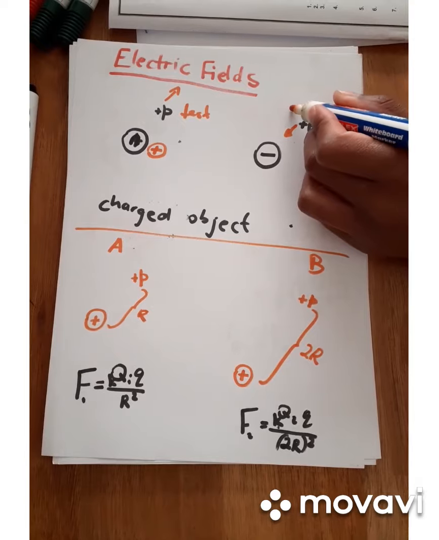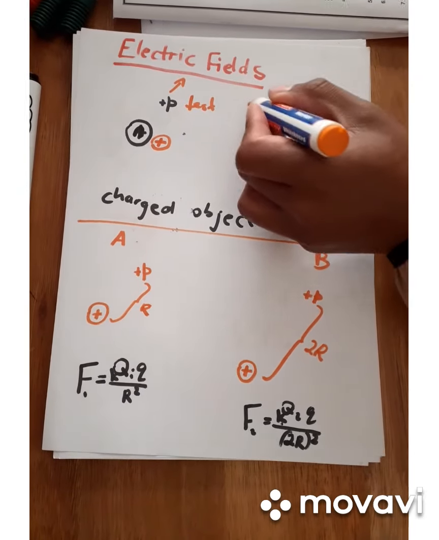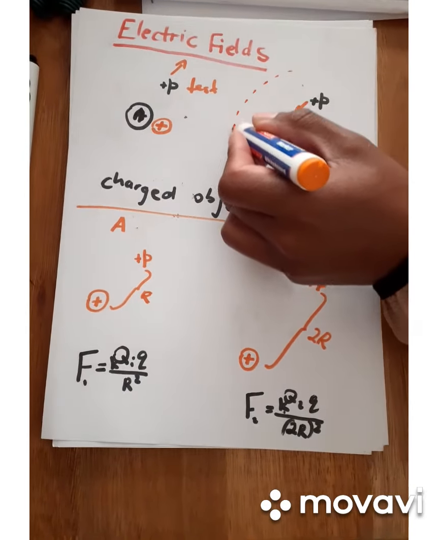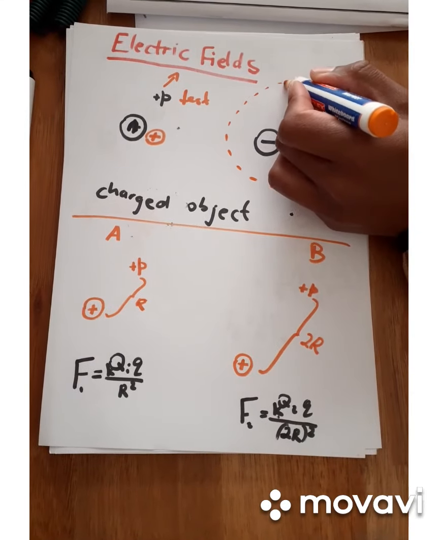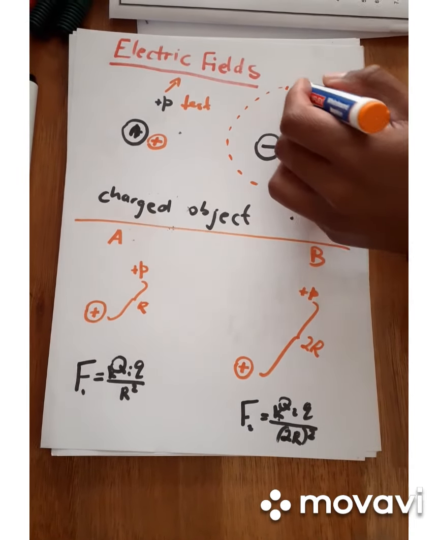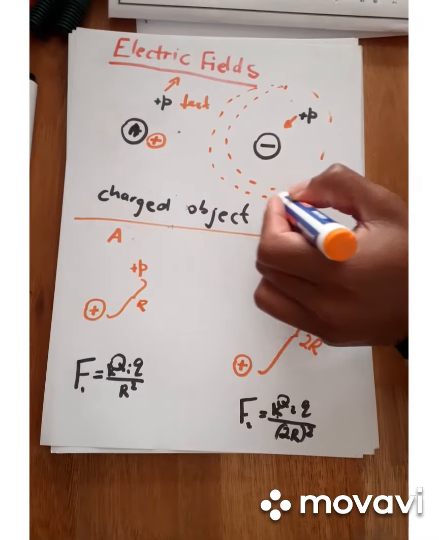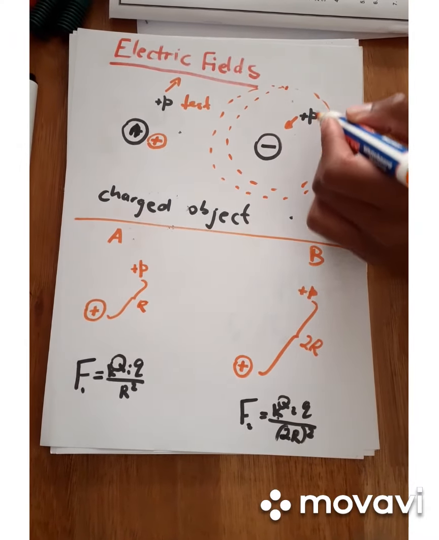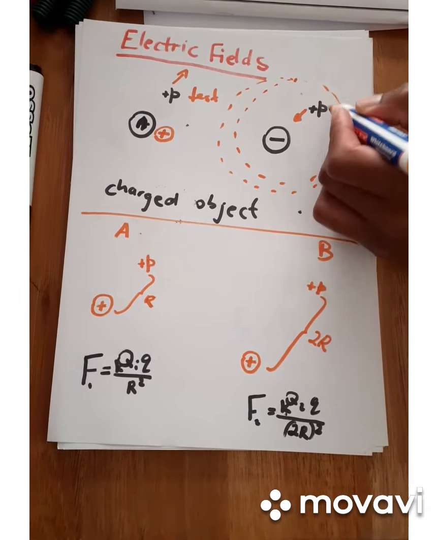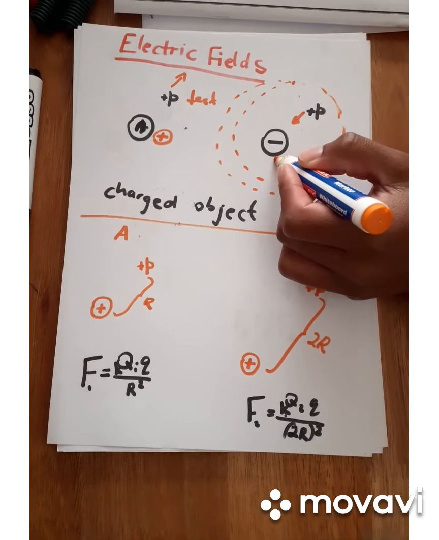It must be at a certain distance from that one, and it experiences a force. Even though we placed it somewhere here, it is still experiencing a force, which means there is a field, a region around this charge at which any point charge is going to experience a force.